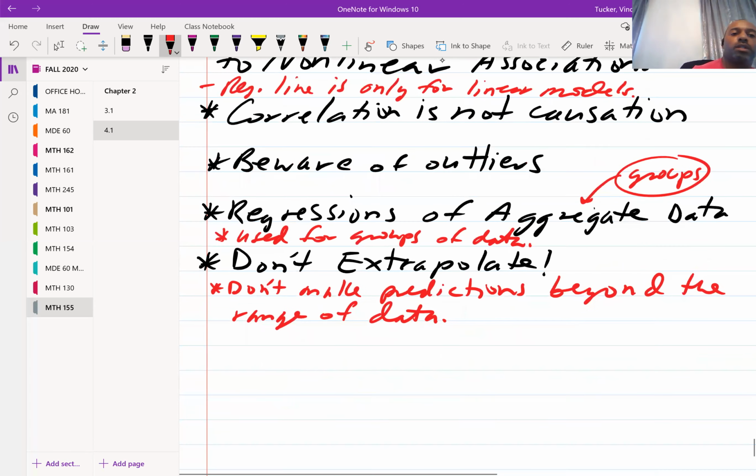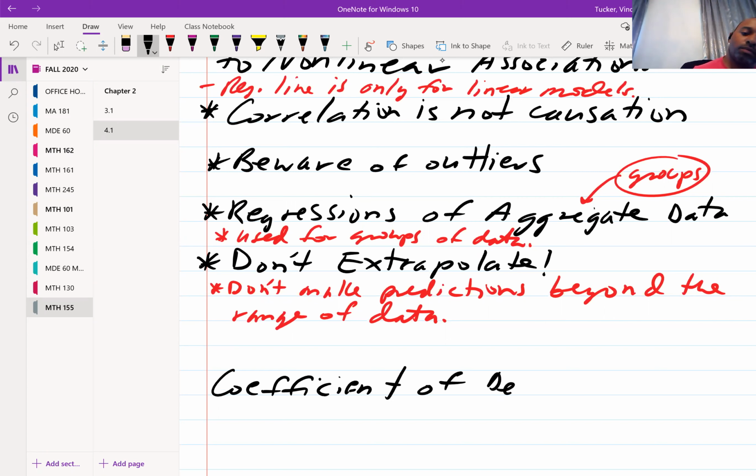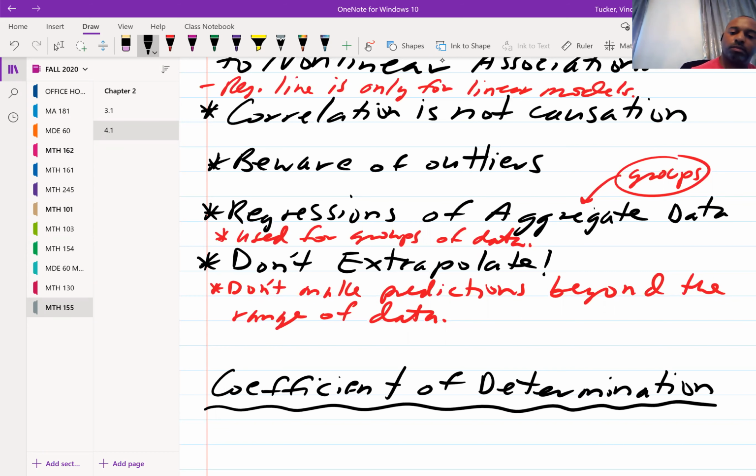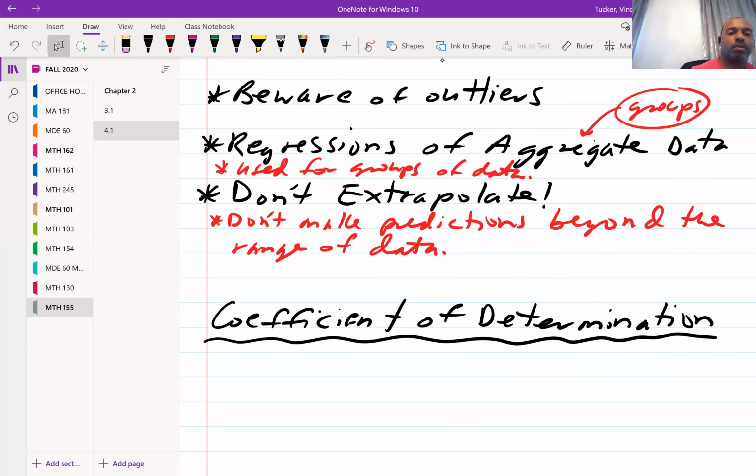All right. Last thing in this section, coefficient of determination.